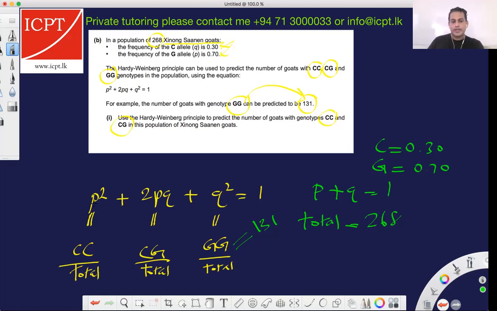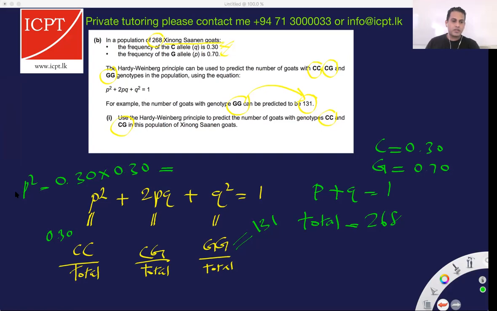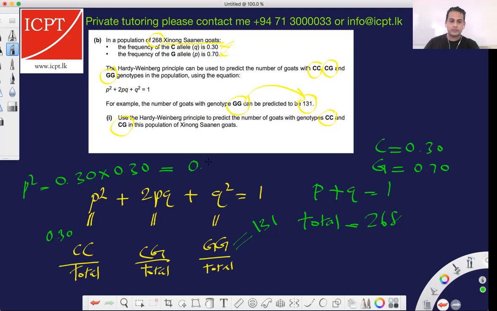So for C, the frequency is given as 0.30. Then p squared is 0.30 times 0.30, which is 0.09. So p squared is 0.09.